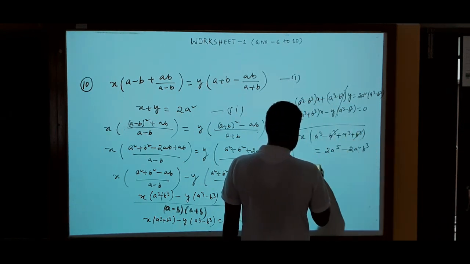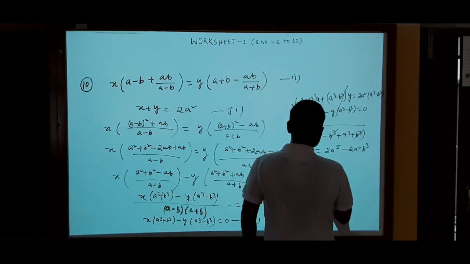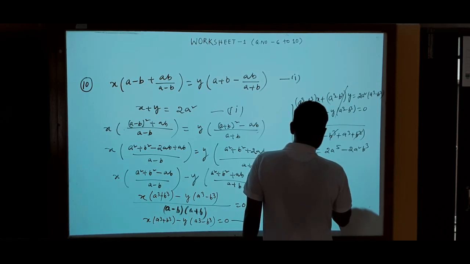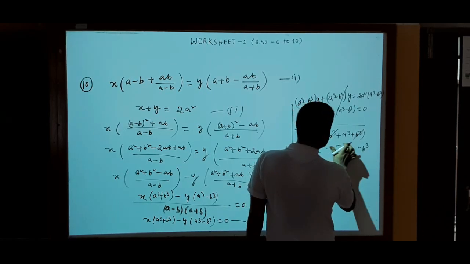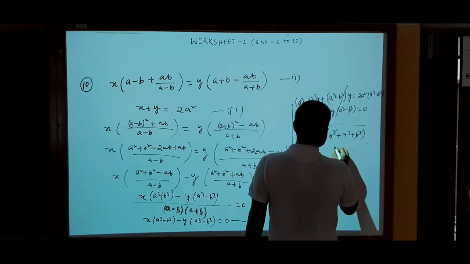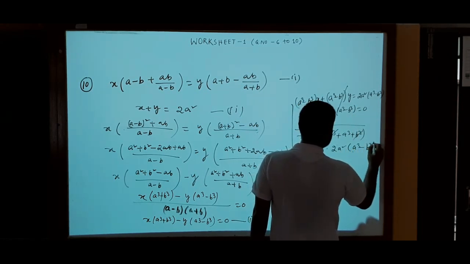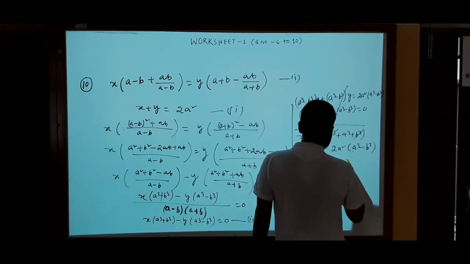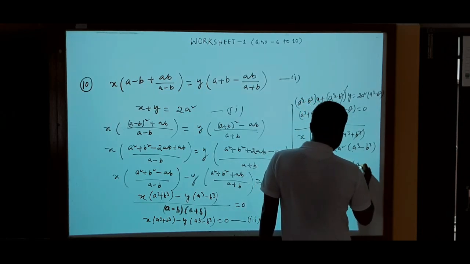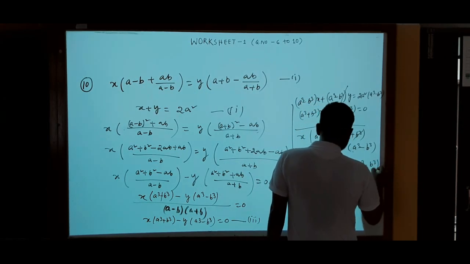Cancel. X into 2a cube equal to, don't multiply this. Okay, leave it as product form, 2a square into a cube minus b cube.